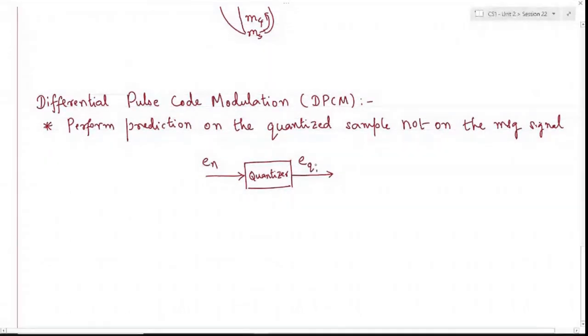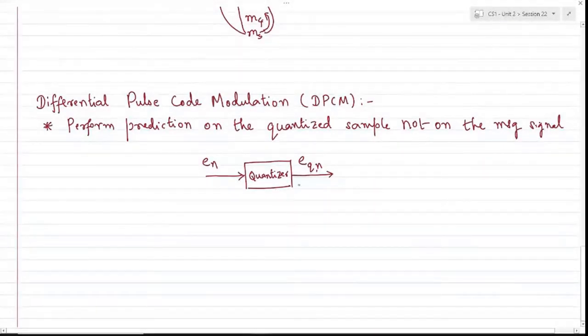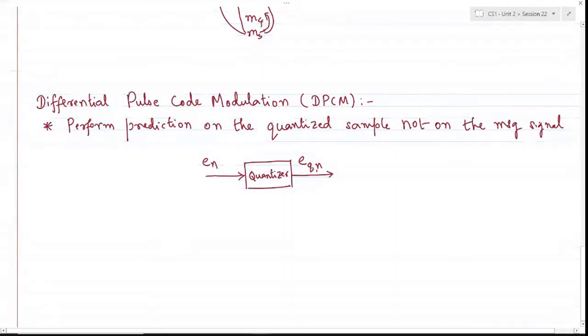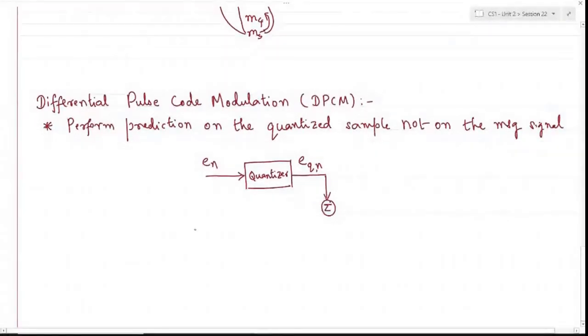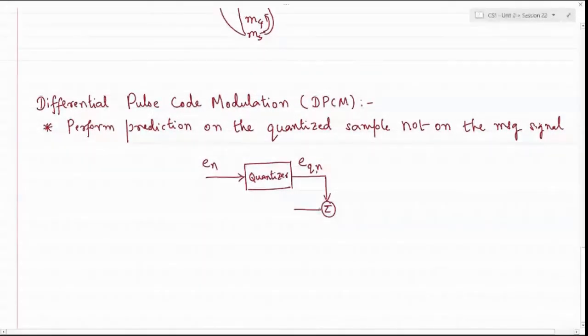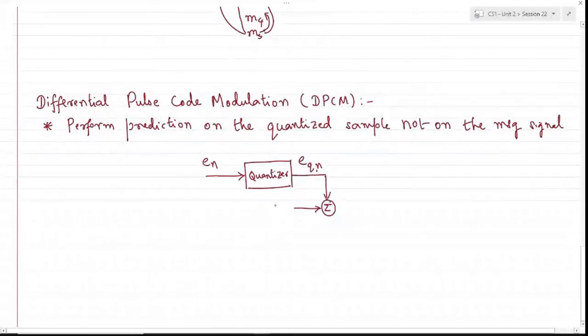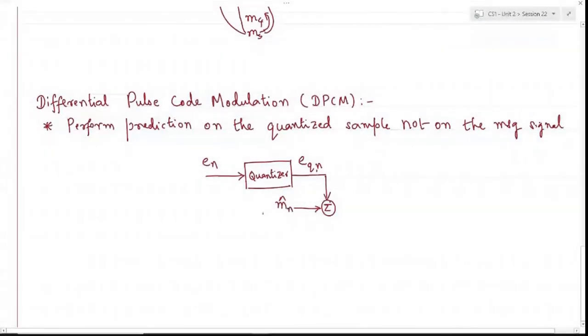The error involved within the quantizing process I'll denote with a suffix q, where q stands for the quantizing error. So e_n is the error involved in the prediction based on the message sample. I'll take the quantized sample and add it with the predicted sample, which is m_n cap.